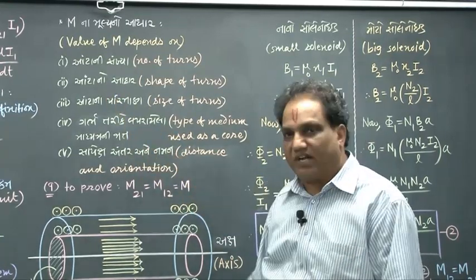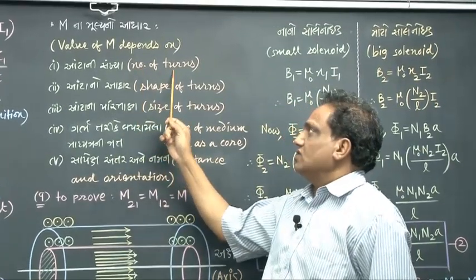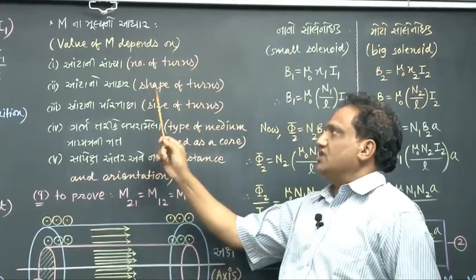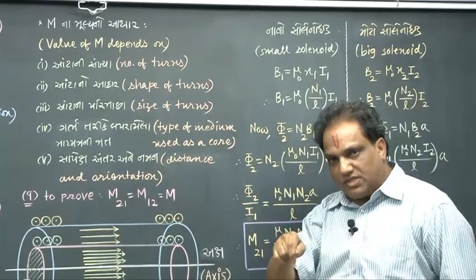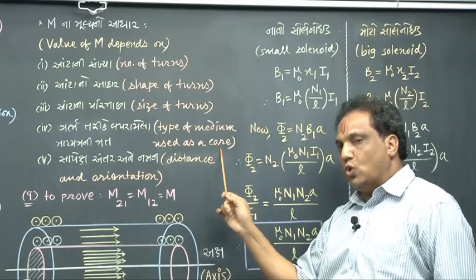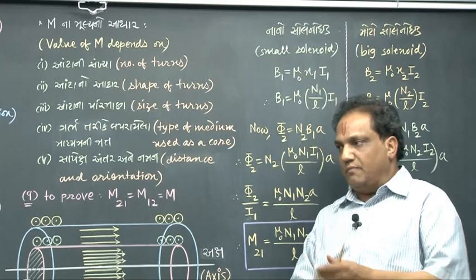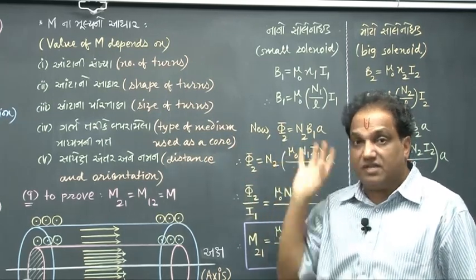So all those 4 factors you have to think for both the coils: number of turns of both the coils, shape of turns of both the coils, size of turns of both the coils, and also the type of medium used as a core. Core means the medium which is present at the center around which the winding is done.